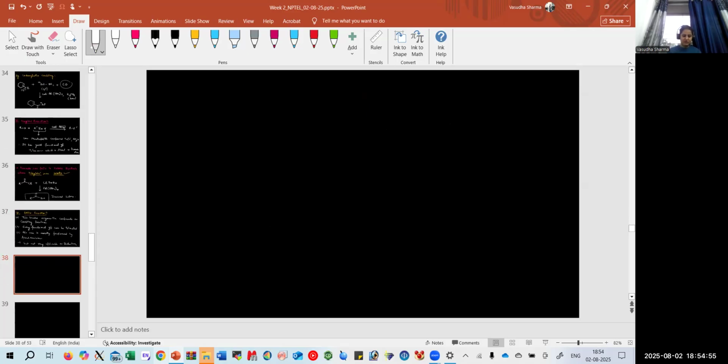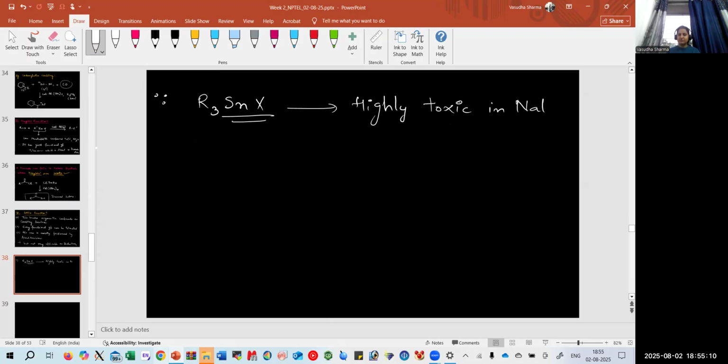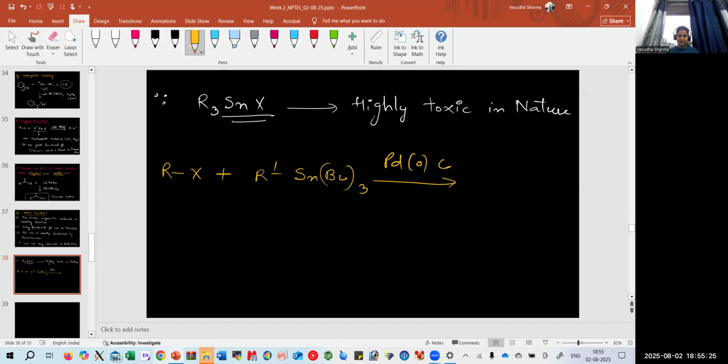Why? Because in R3SnX, this tin is highly toxic in nature. So industries do avoid toxic reagents. However, it still has a lot of applications. If you see RX, R'-SnBu3, palladium 0 as catalyst, and certain additives to form R-R'.